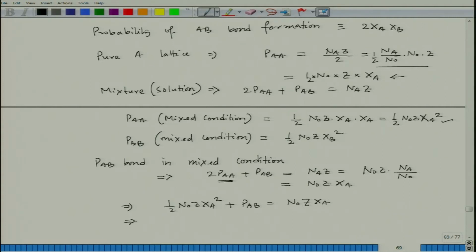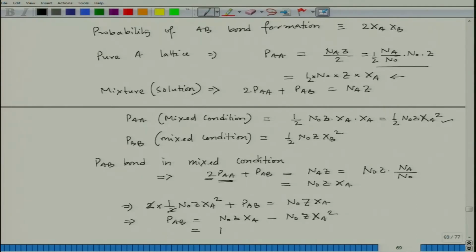So, now we can get P_AB equal to N_0 Z into 2, because here we have to consider this 2 factor. So, N_0 Z X_A minus N_0 Z X_A square.